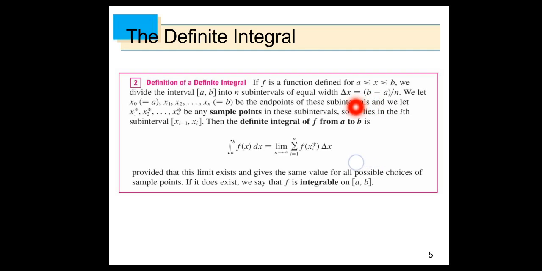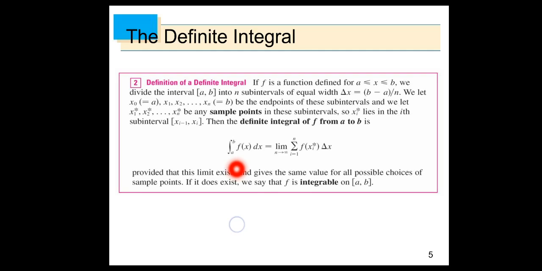So this is how we find the delta x. After that we will be assuming x naught equal to a and x1, x2, x3 up to xn equal to b, right? These will be the endpoints of these subintervals, and we let x1*, x2* up to xn* be any sample points, right?